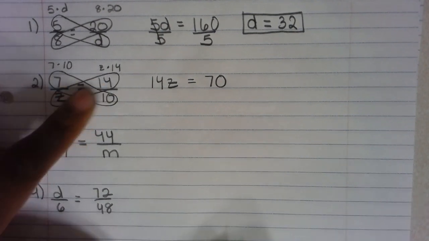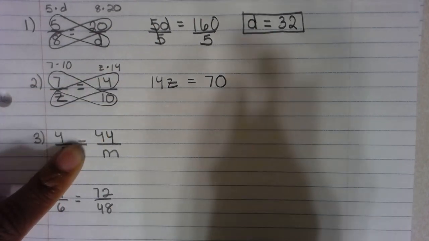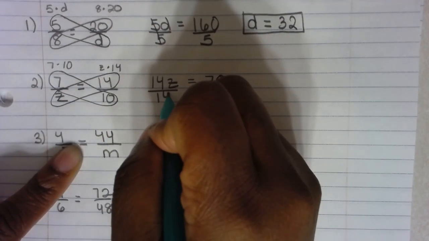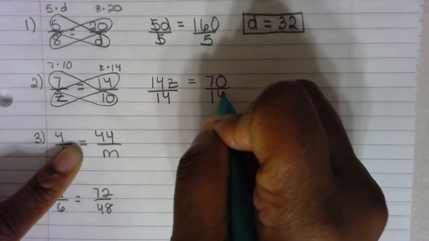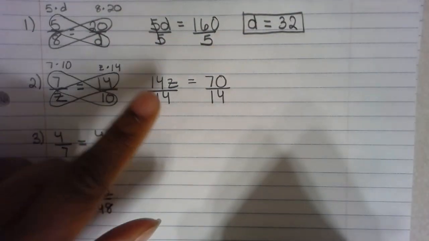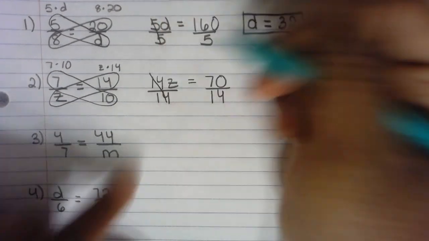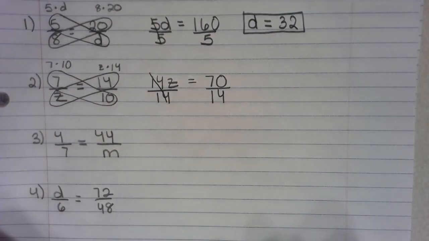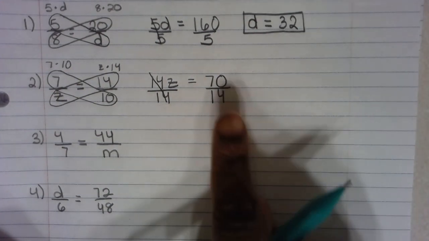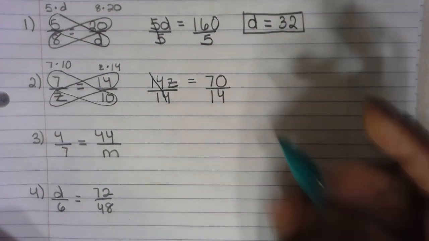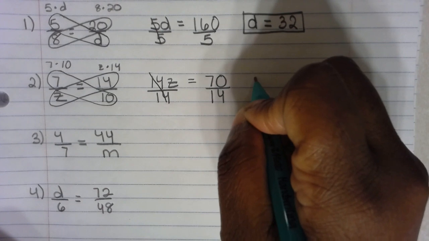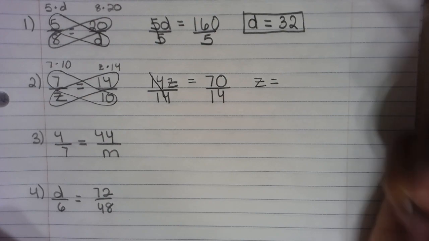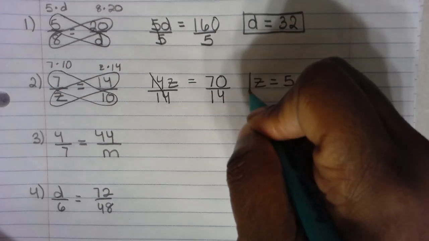So cross products, multiply, very last step is divide. And you are dividing by the number that's attached to the variable. What you do to one side, you have to do to the other side because we want to keep it equal. So 70 divided by 14, z equals what? 5. Very good.